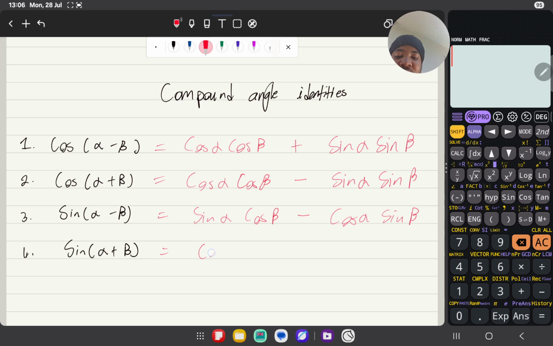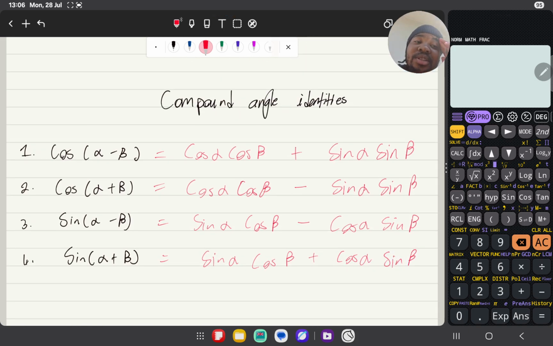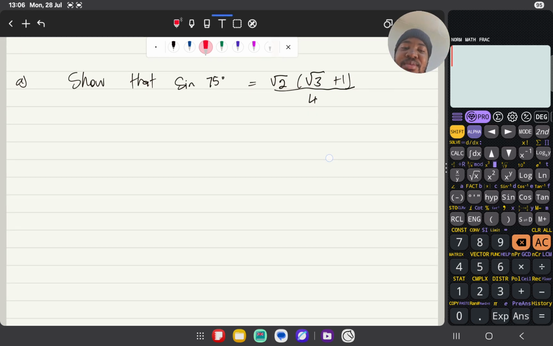And then here same thing, it's a plus because we have a plus. So these are just all the identities for compound angles. With this, let's go and do a couple of examples now.